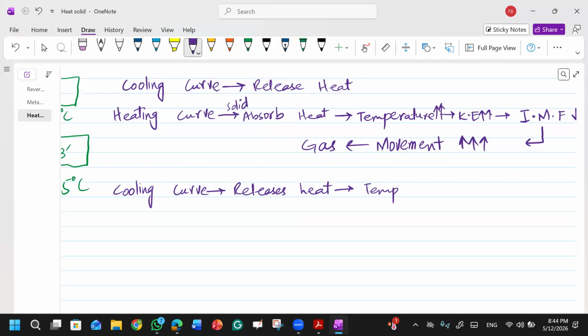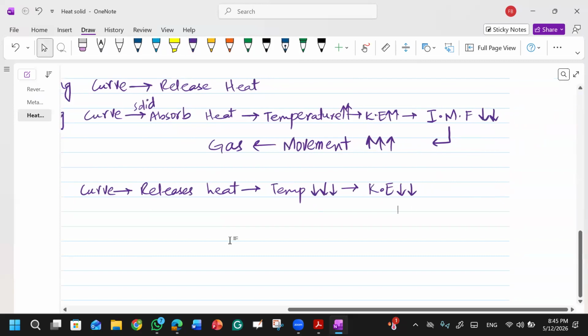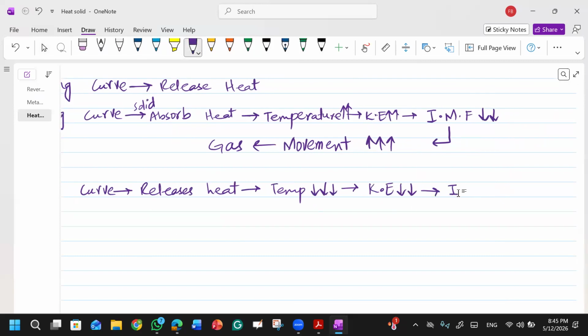The kinetic energy will also decrease, and the intermolecular forces will increase. Now why will they increase? You cannot mention that the kinetic energy decreased. You will say intermolecular forces will increase because when you decrease the temperature, what happens?